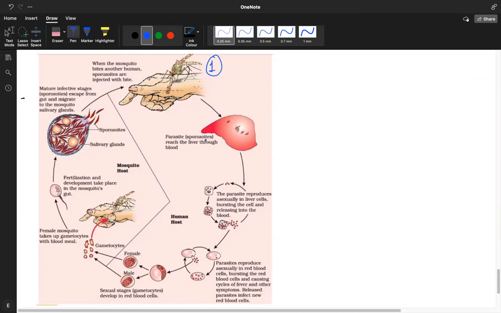But in what form? Do you see this form written as sporozoites? What does this mean? Any idea? So write down: sporozoites is the infectious form of the pathogen of Plasmodium.